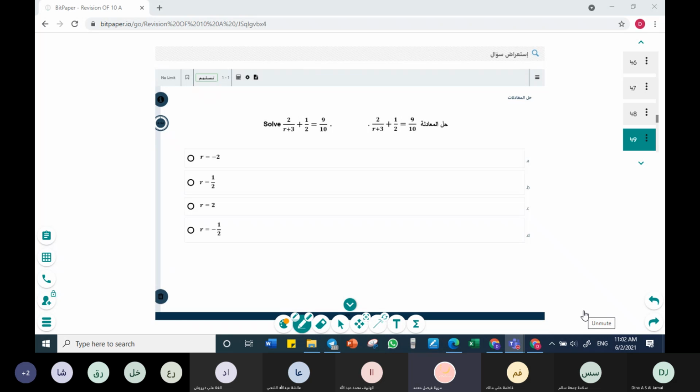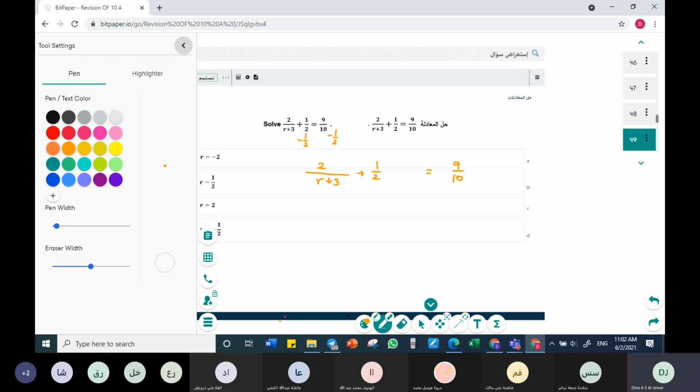We will subtract 1 over 2 in both sides. Excellent. So let's start with you. I will be subtracting 1 over 2 in both sides. So let's write it again. 2 over r plus 3, it was plus 1 over 2, then 9 over 10.